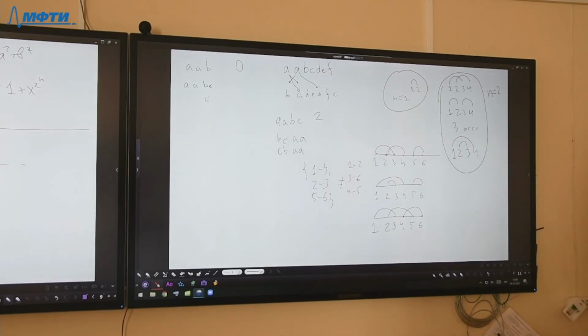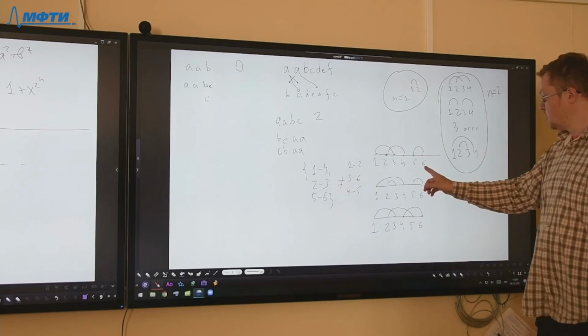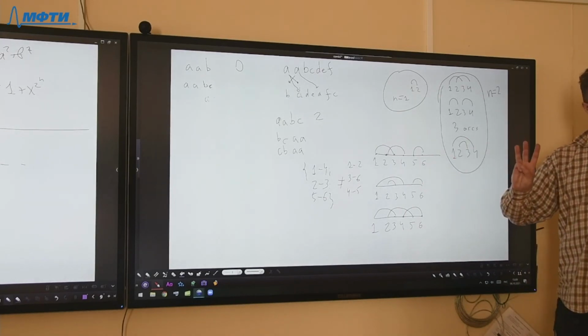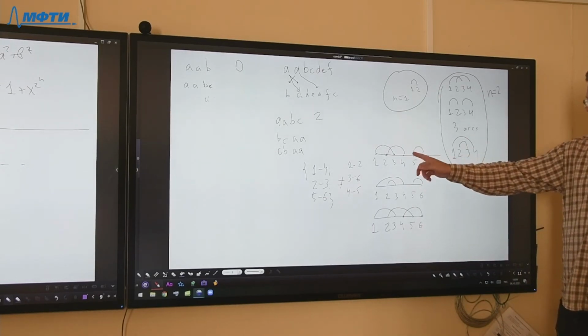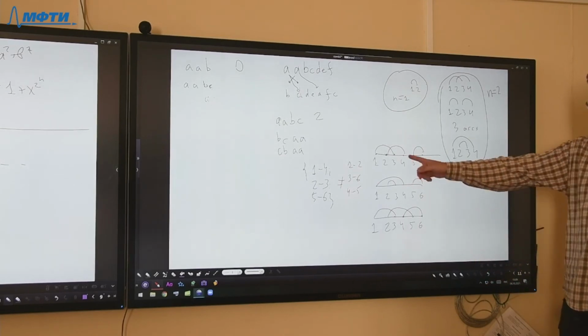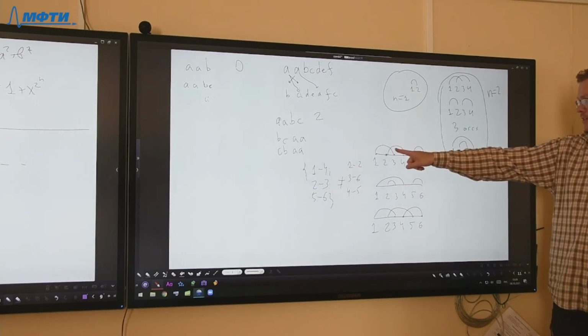I need an explanation for the third problem, I don't understand what ABC is. I understand it's a diagram. Yeah, so you have 2n endpoints here. For example, here you have 6 points, so you need to draw 3 arcs connecting these points, but they are not intersecting at the points. So you have this arc, this and this arc.